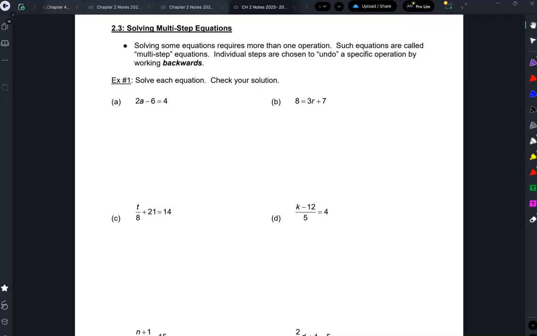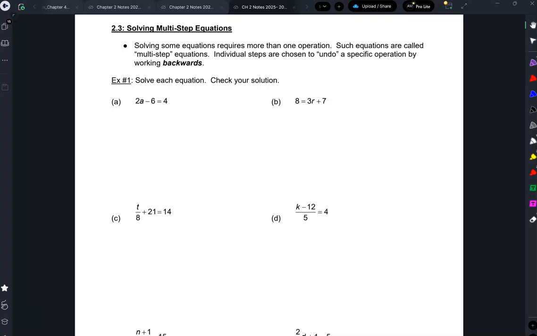So in solving multi-step equations, we have to do more than one step. What we have to do is individual steps to undo what is being done to the variable. Take a look here. Look at the variable.